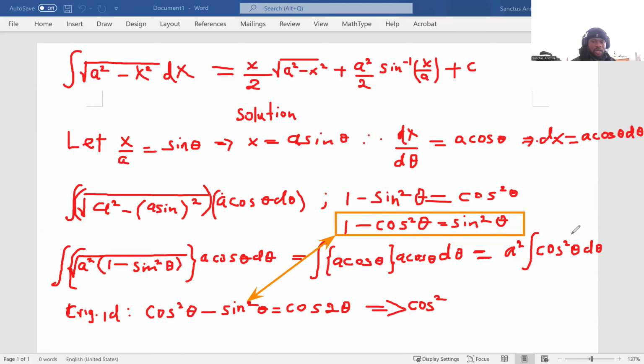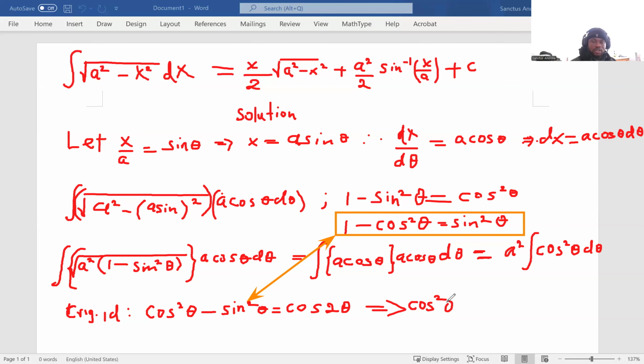Because there is power here, it will be difficult for us to integrate this directly. But if we can introduce a trigonometric identity that is taking this format, it will be easier for us to integrate.